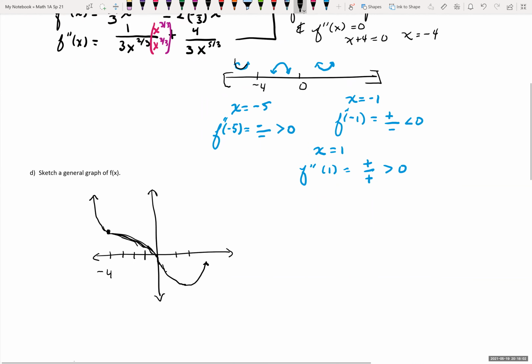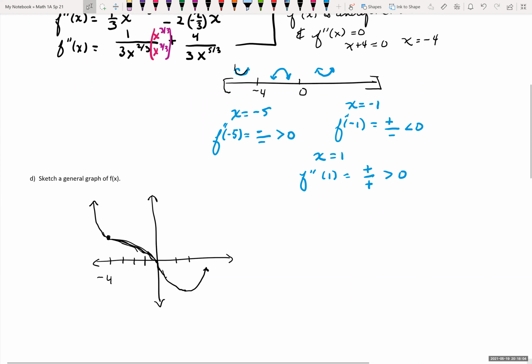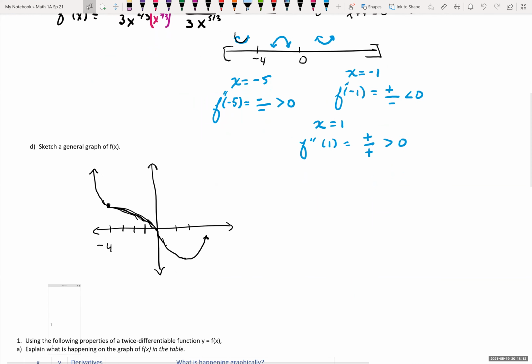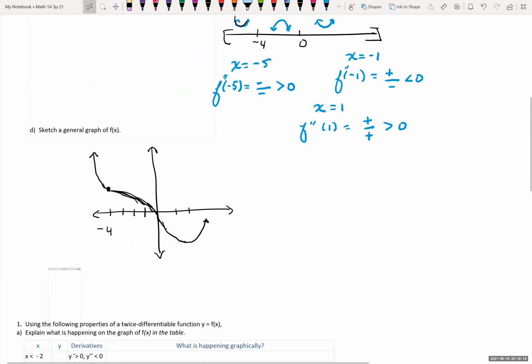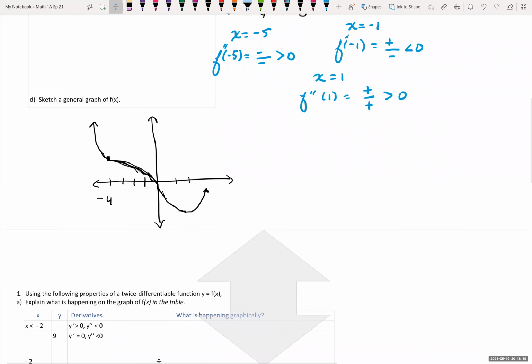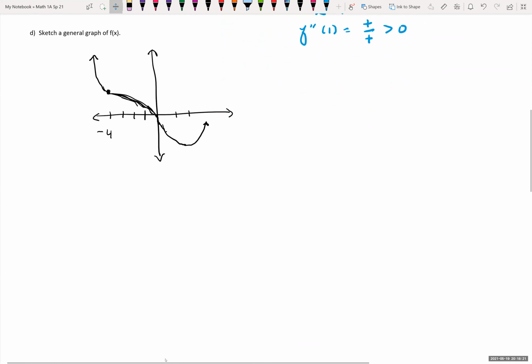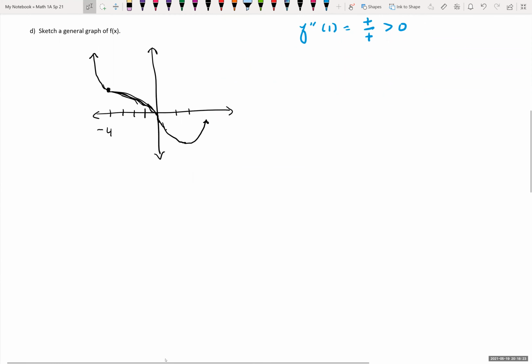And then part D or E wanted to know what is a possible equation of this function. Well, we're given the derivative, so we can find the function by taking the antiderivative. So really all we're doing is taking the antiderivative of f prime of x dx.